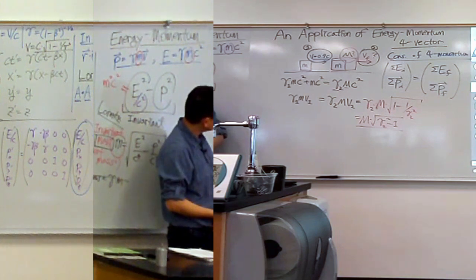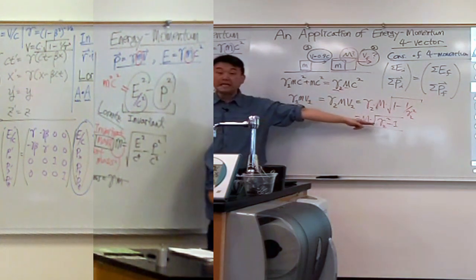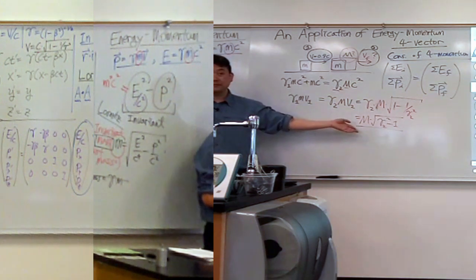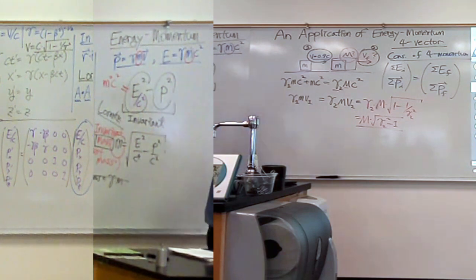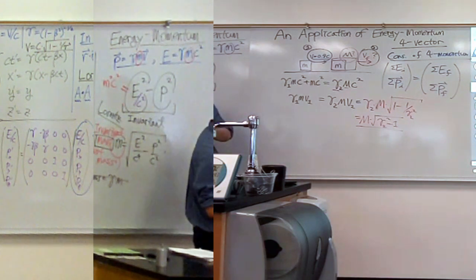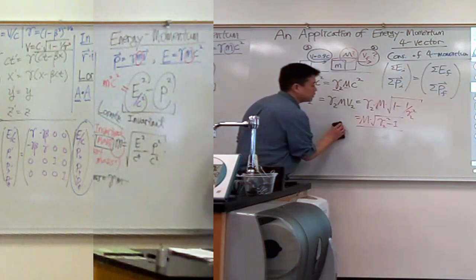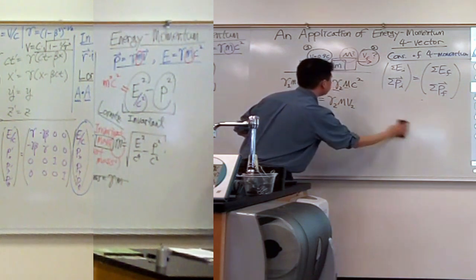Well, I guess you could skip a step, solve it for gamma, plug it in, eliminate it, and then solve for M. I think that might be a way to do it. But let me give you something that's conceptually simpler, and often turns out to be algebraically simpler.